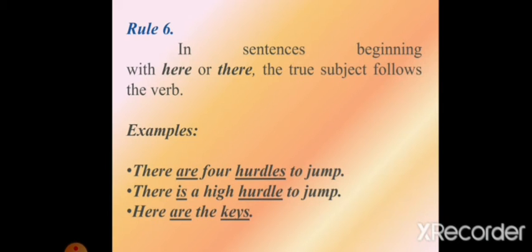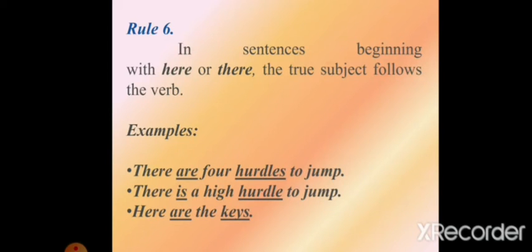"There is a high hurdle to jump." Now here hurdle is in singular number. High is the adjective. So here, there is a high hurdle to jump, because the hurdle is the true subject. There is just the introductory there.